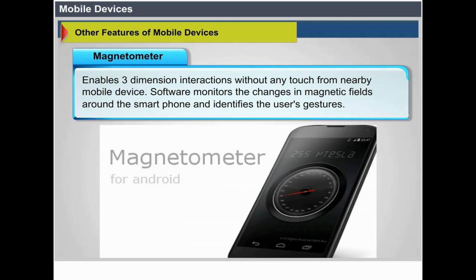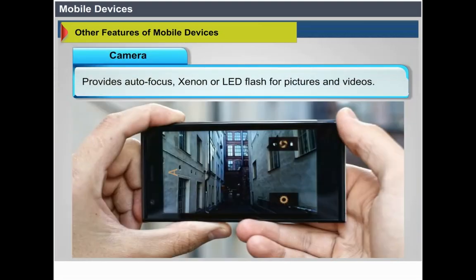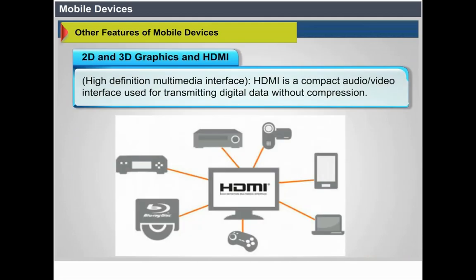Software monitors the changes in magnetic fields around the smartphone and identifies the user's gestures. Camera: provides autofocus, xenon or LED flash for pictures and videos. 2D and 3D graphics and HDMI, High Definition Multimedia Interface. HDMI is a compact audio-video interface used for transmitting digital data without compression.